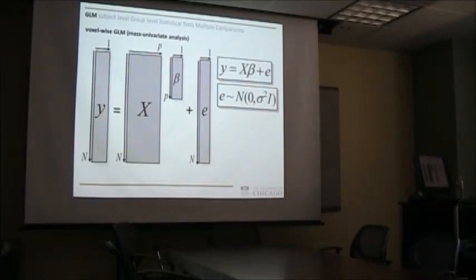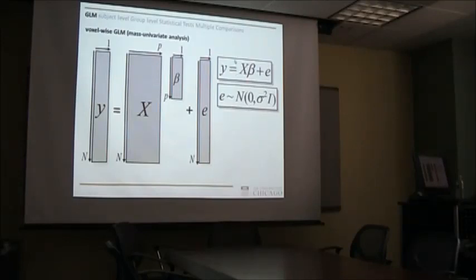The main framework for statistical analysis, and probably what 95% or maybe 99% of all papers use, is the general linear model, which basically says that you have some observations y that you try to model with variables x, and the fit of this model is often referred to as beta values, and then you are left with some error terms, so anything that the model can't fit, and its error is always supposed to be normally distributed.